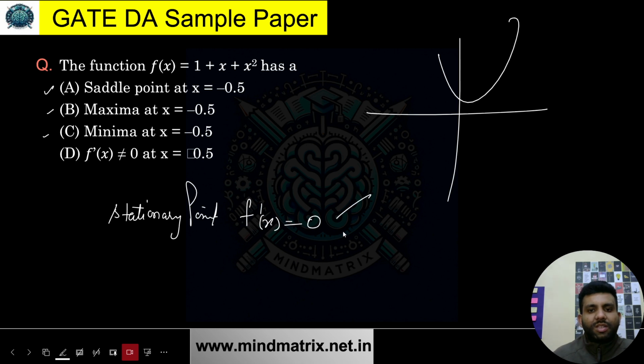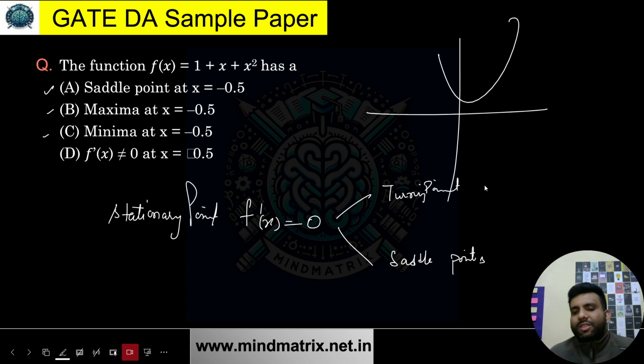Now these can be two types of points: turning points, or simply saddle points. What exactly is a saddle point? Turning point, when there is a turn, would be either local maxima, local minima, or global maxima, or global minima.